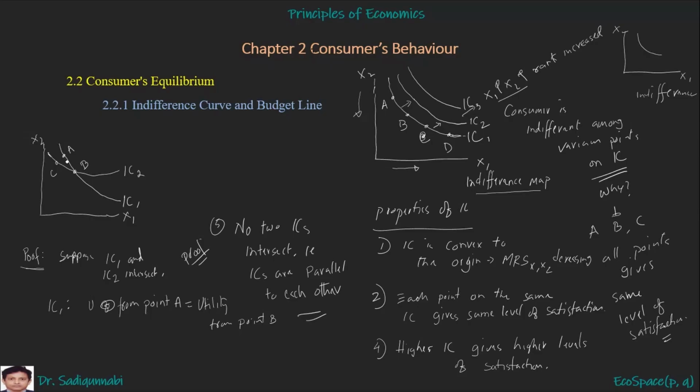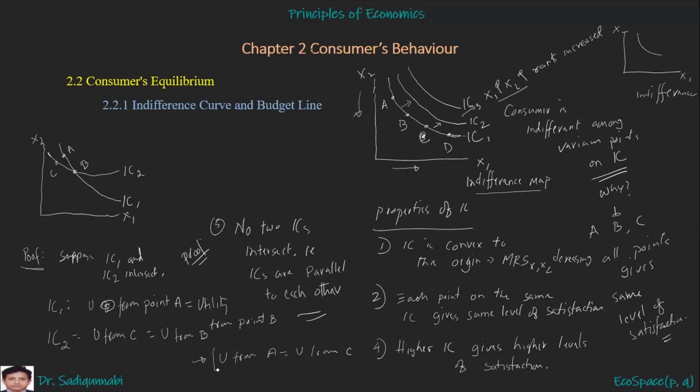Because they are on the same utility curve. For IC2, utility from C equals utility from B. So by this token, we can say that utility from A equals utility from C.